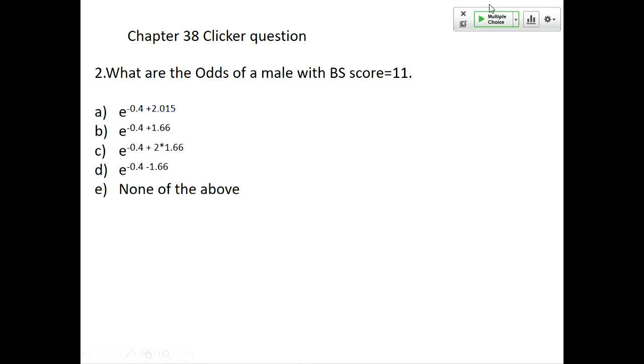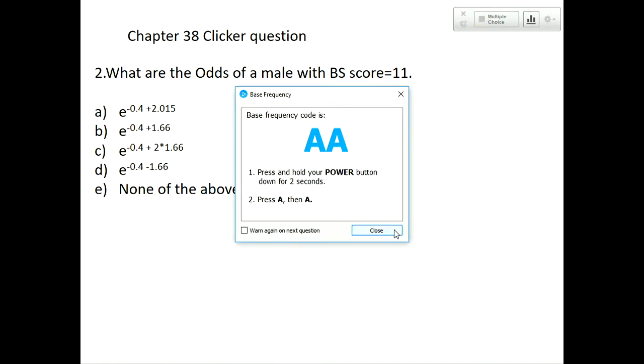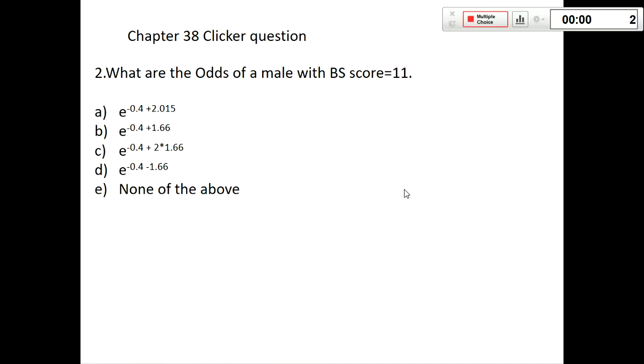All right, so let's do this one. You're comparing it to the top one in your notebook, which was e to the negative 0.4. So now you're going up one in the biological science score. So which one of these would it be? The odds would increase by e to the what?